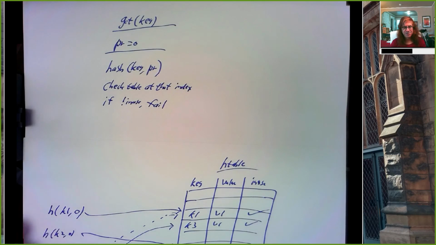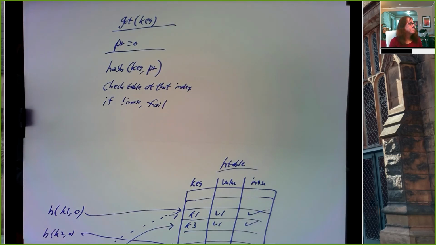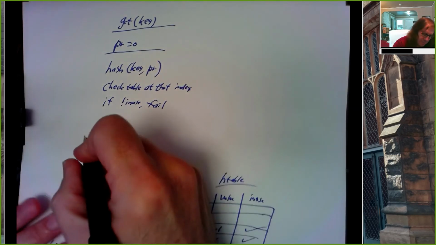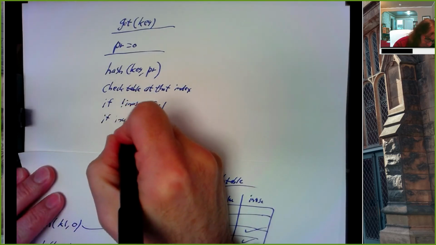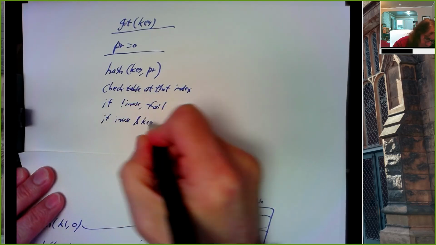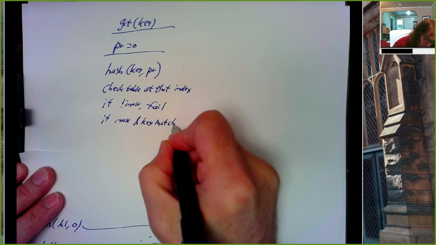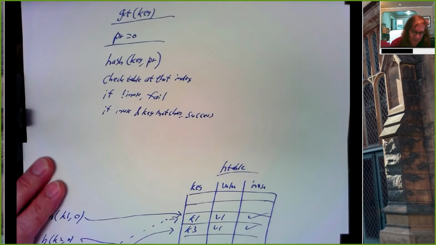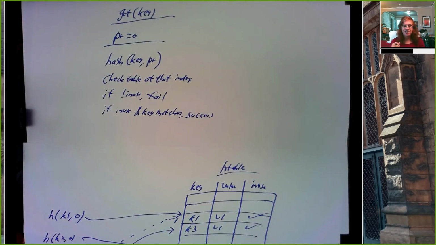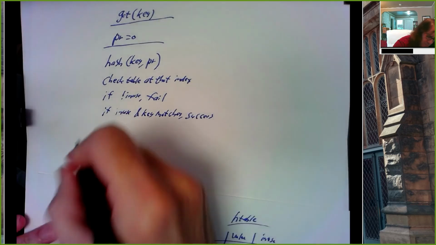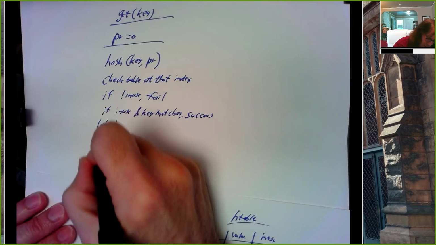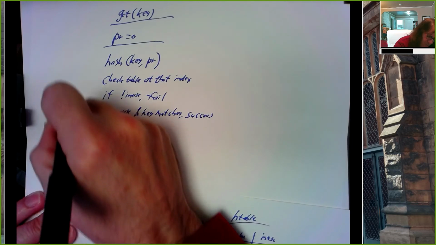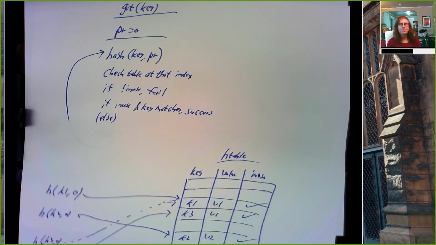If that spot's not in use, we didn't find our key. If it is in use and the key in the table matches the key we're looking for, success. We found our key. Return the value and we're done. Otherwise, increment our probe number, go back up and try again.